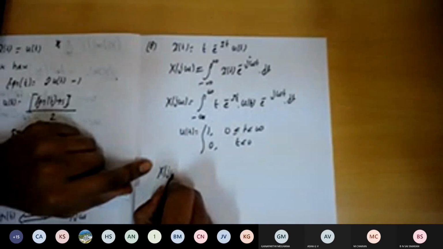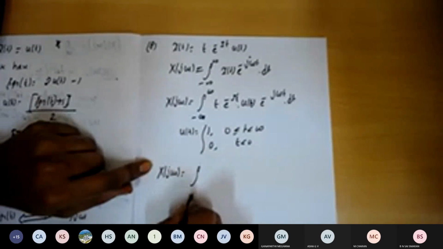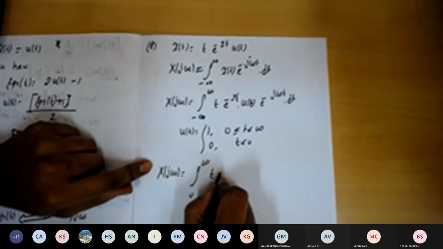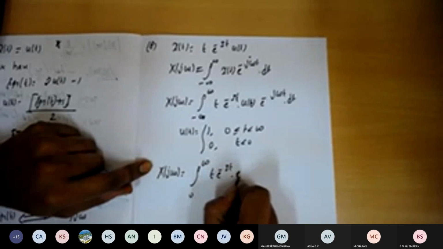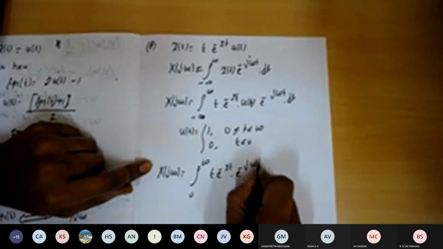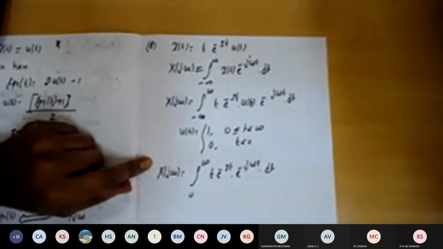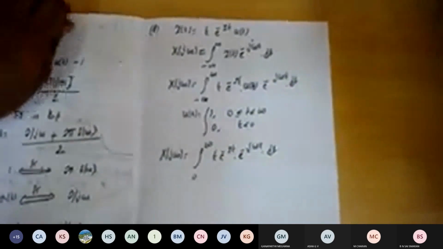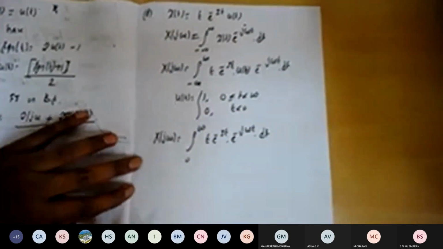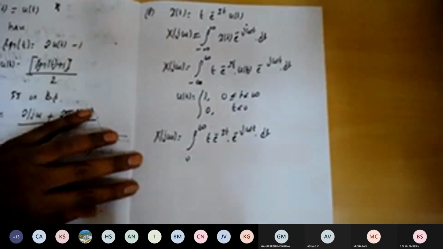So X(jω) will become the integral from 0 to infinity of t e^(-3t) e^(-jωt) dt.